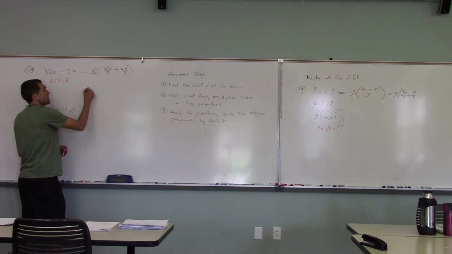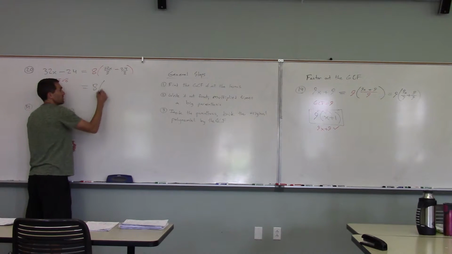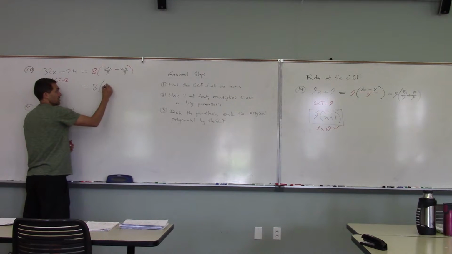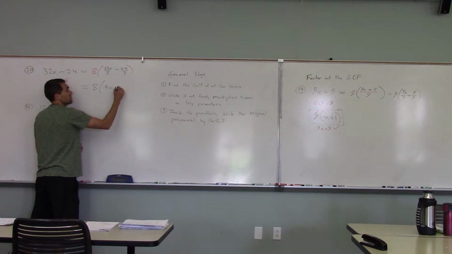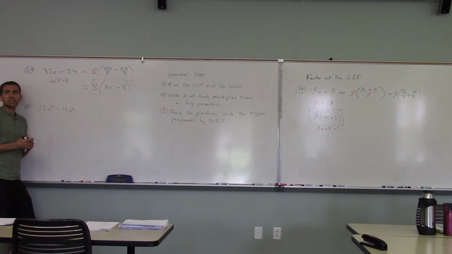So after factoring out the GCF, this looks like 8 times, and what do we get? 4x minus 3. There we go. That's it, factoring out the GCF. First you find the GCF, you take it out, and what I mean by taking it out is you divide it out of every term.